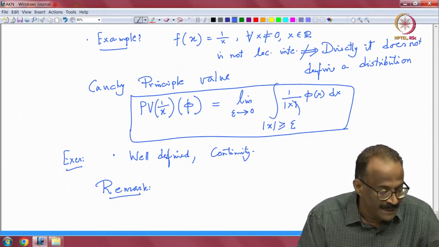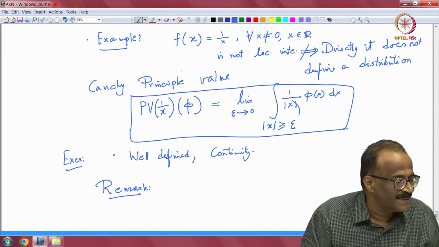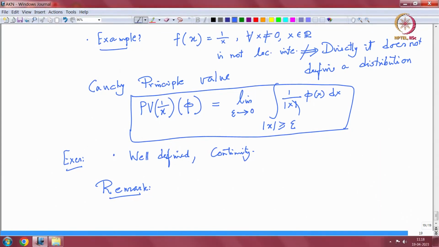Okay. This is 1 by mod x: f of x equal to 1 by mod x, x not equal to 0, x in R^n, is locally integrable for n greater than or equal to 2.